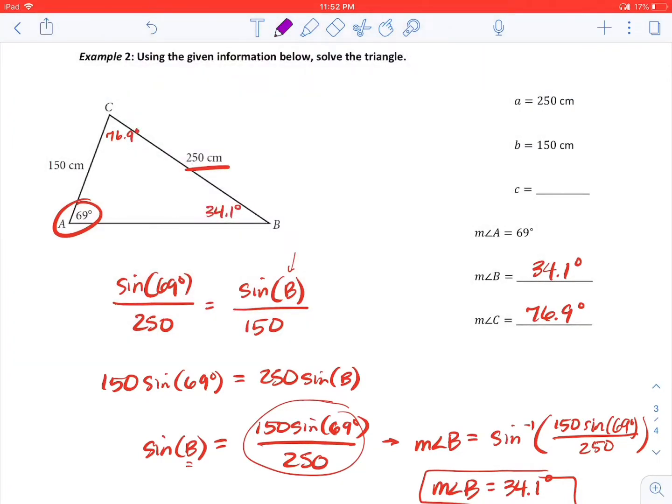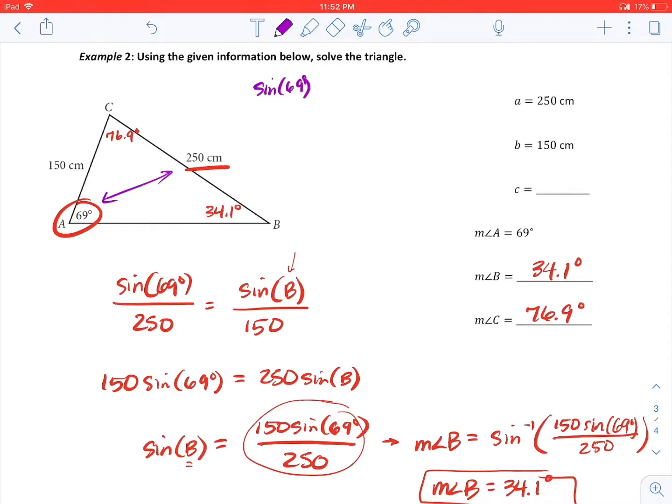Then from there, finding the value of length C is much like we did in the other problem, because since we're finding a side length, we're not going to need to use an inverse sine. But use one of the angle side pairs that we have.